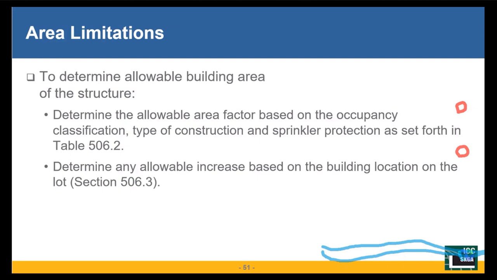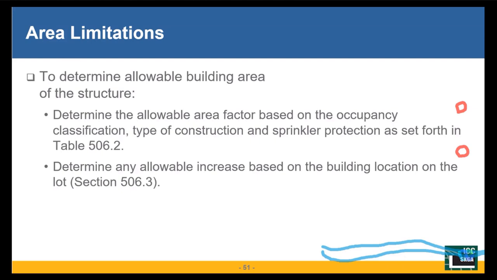So anyway, you pick that number and then you start applying code permitted increases as warranted. So you look at any allowable area increases permitted by the code. The first one is the allowable area increase based on the building location on the lot, and that's addressed in Section 506.3.